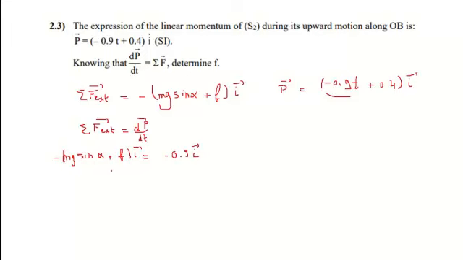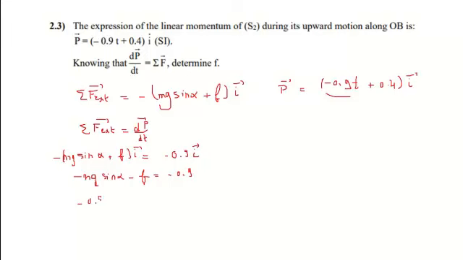We have the values here: the mass and the angle. So what remains is to find the friction. Since the vectors are collinear, I can drop the i vector and write: minus mg sine alpha minus f equals minus 0.9. Now we have the mass, 0.08, times g, which gives 0.8.